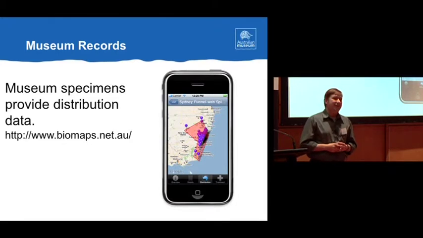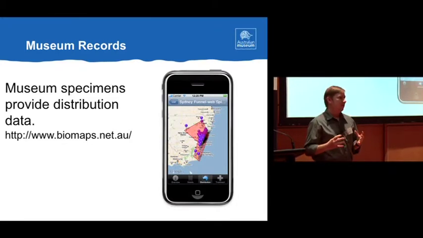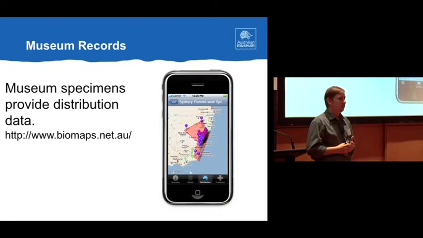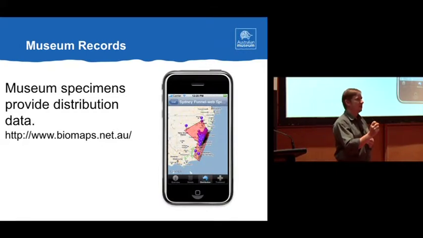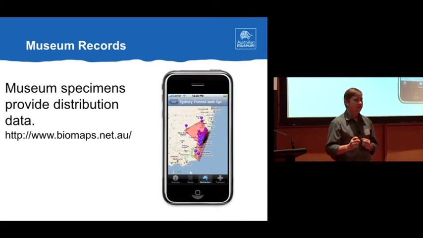What it does is it uses 2 different sources of information. There's a website called Biomaps, which the museum is part of, that collects locality data from museum collections. Every time an animal, a specimen, is collected and added to a museum collection, its locality is documented. And Biomaps puts all that information out there.